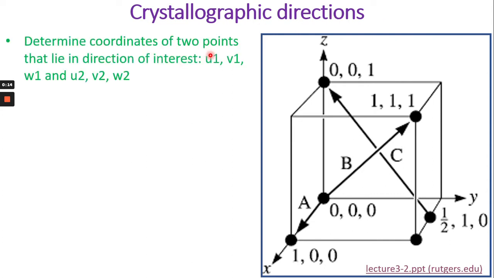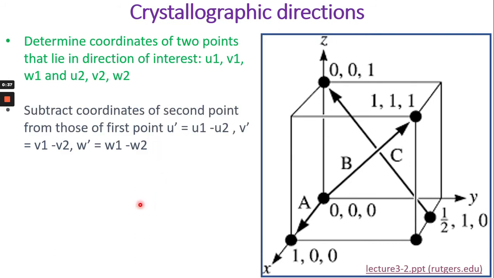So first of all, we determine the coordinates of 2 points that lie in the direction of interest. For example, there are 2 points u1, v1, w1 here and u2, v2, w2 here. In this case, 0, 0, 0 is u1, v1, w1 and 1, 0, 0 is u2, v2, w2.